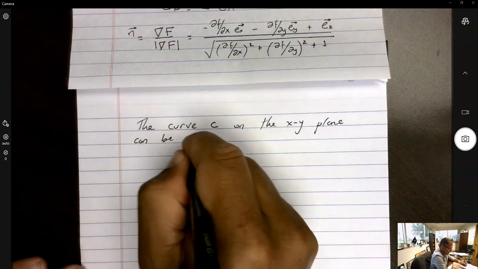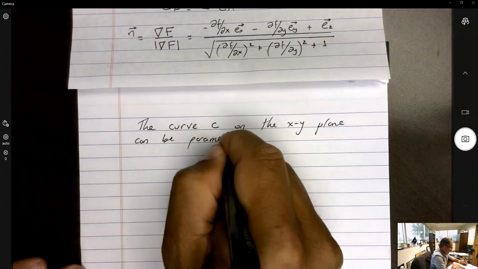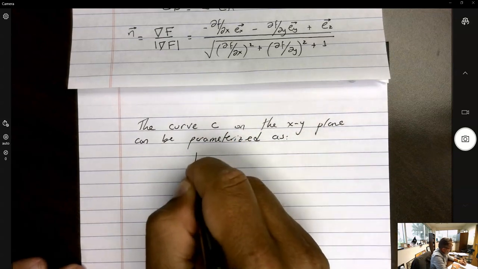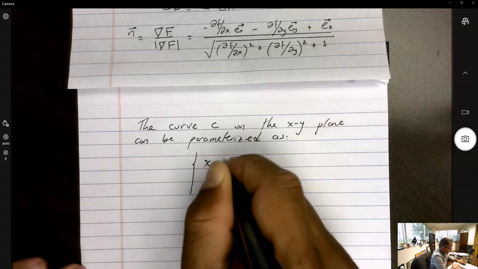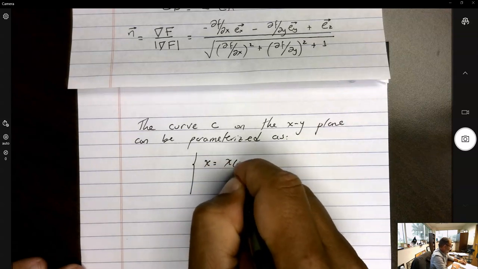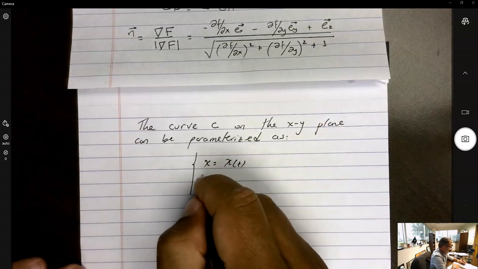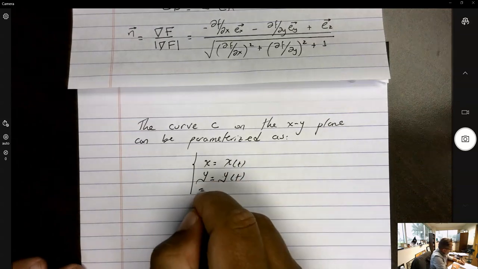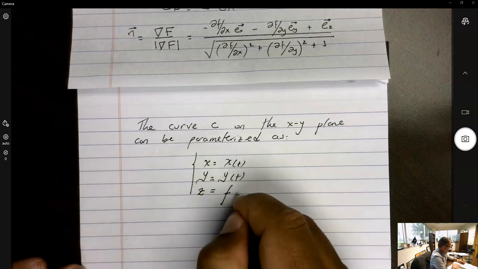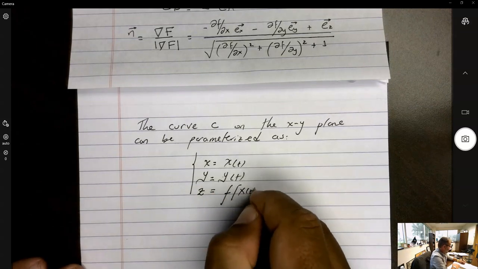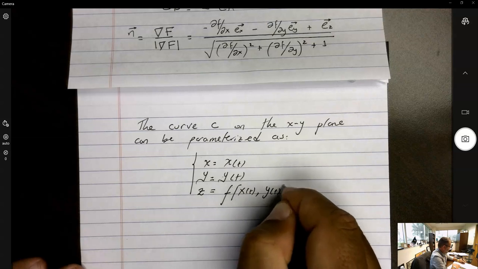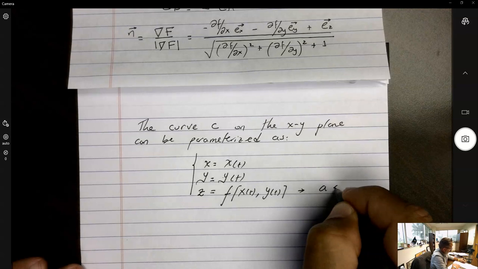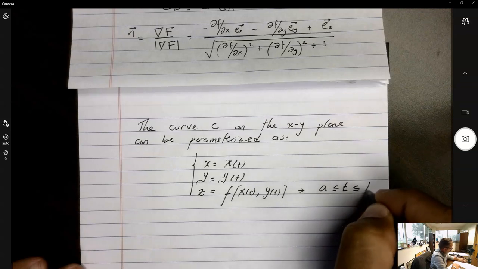It can be parameterized as, well, if we place x as a function of t, y as a function of t, then z is equal to f, which is a function of x of t and y of t, such that t goes from some parameter a to b.